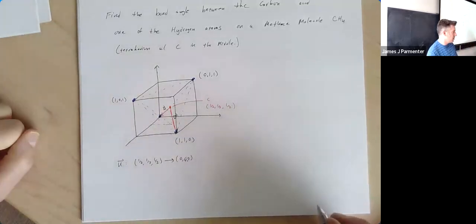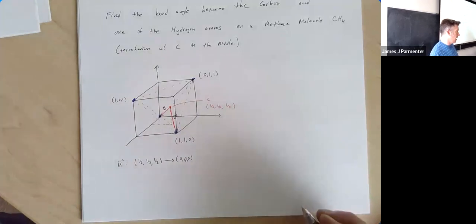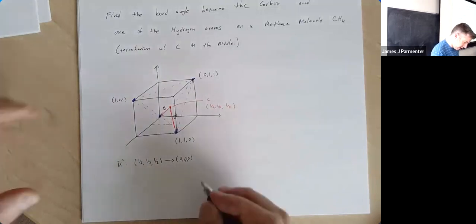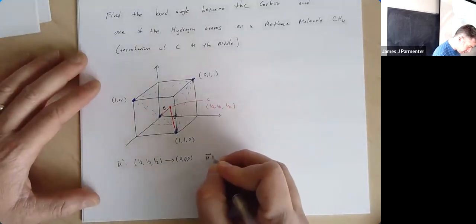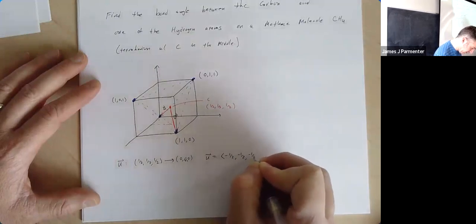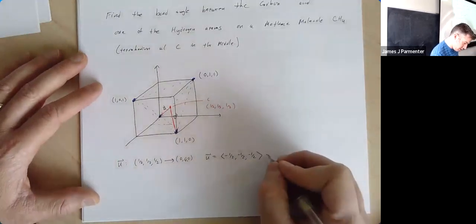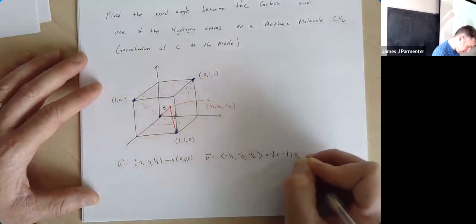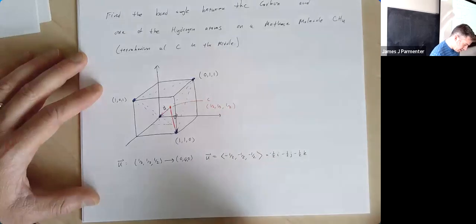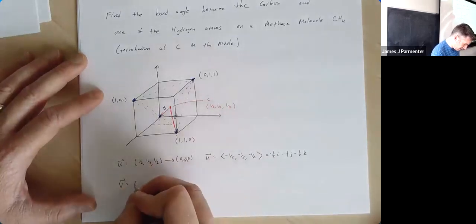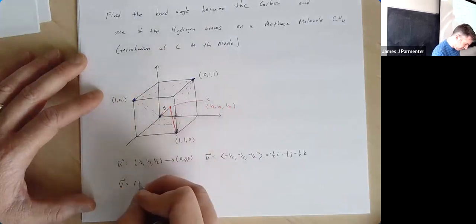We haven't really talked about this, but if you want to find the vector that starts at one point and ends at another point, you take your end point and you subtract off the beginning point. That means U is going to be the vector -1/2, -1/2, -1/2. Or if you prefer, -1/2 I minus 1/2 J minus 1/2 K. And then V is going to be the vector that ends at 1, 1, 0 and begins at 1/2, 1/2, 1/2.